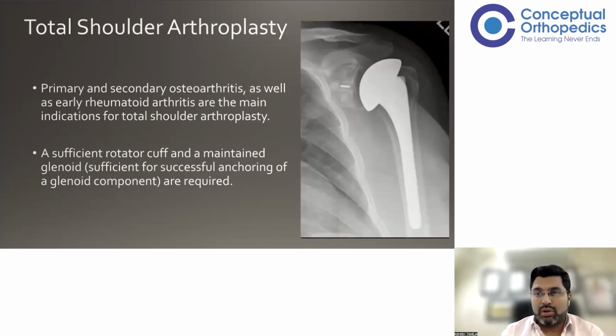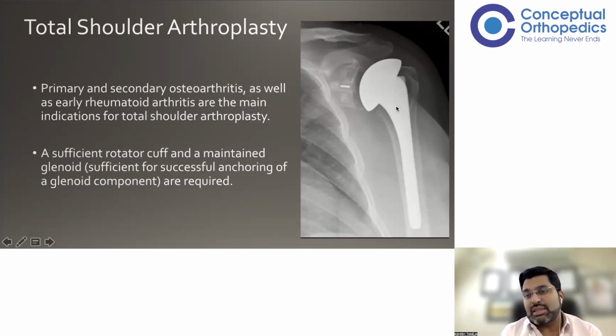Then we have a total arthroplasty. Total shoulder arthroplasty, as you can see, will appear like this. It will be an all-poly glenoid with a metallic head over a metallic stem. Nowadays, there are some newer designs also, which may be stemless.